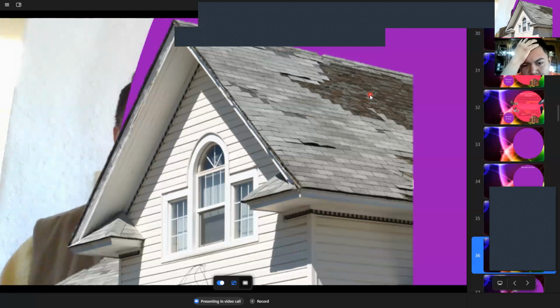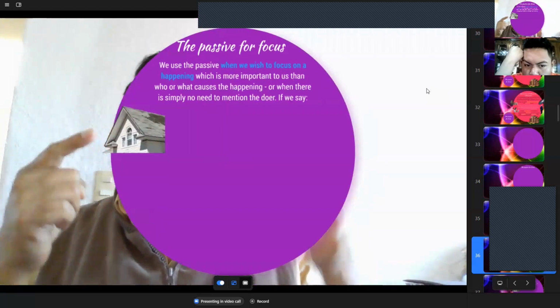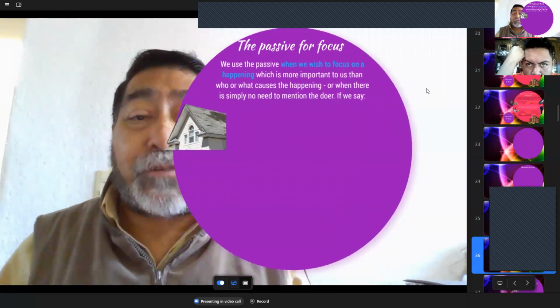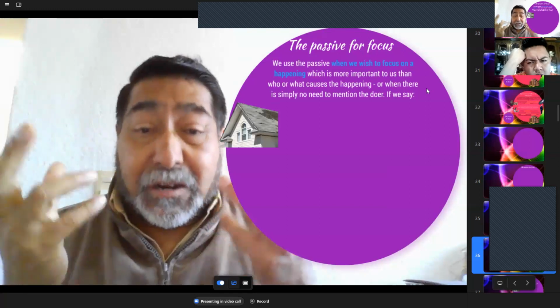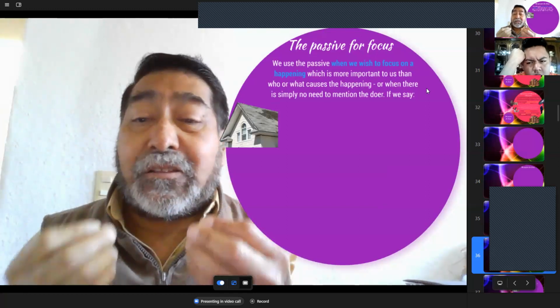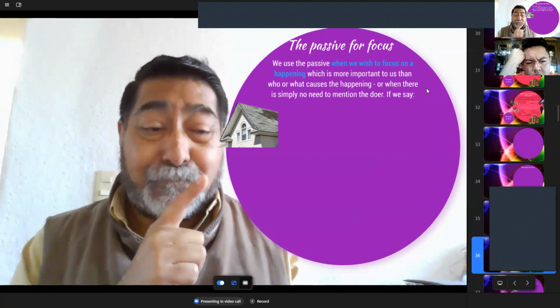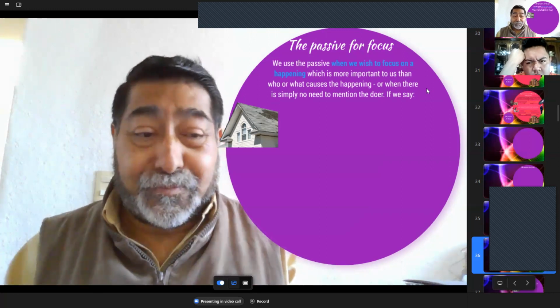Good. Now, if we analyze this situation, there was a tornado. Yes, there was a tornado, and the tornado damaged the house. So we can say some repairs need to be applied to the roof.